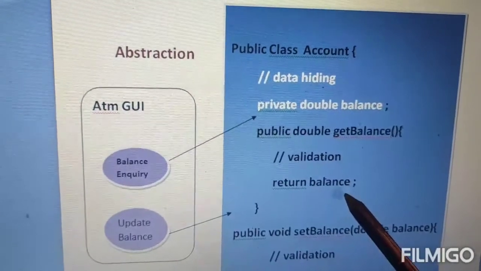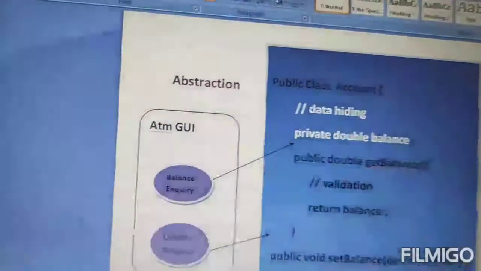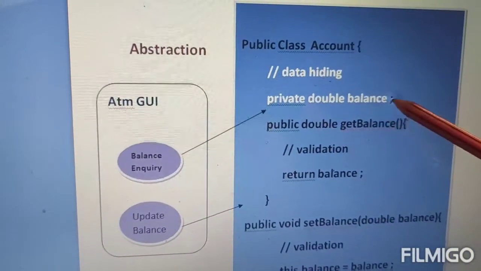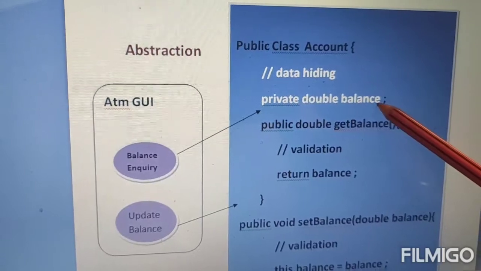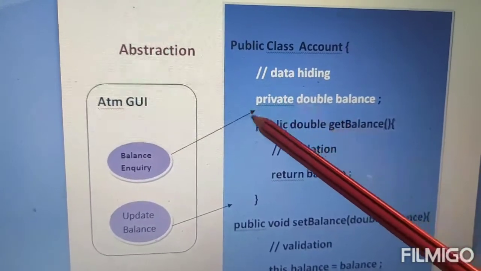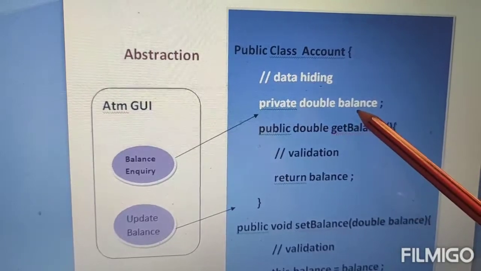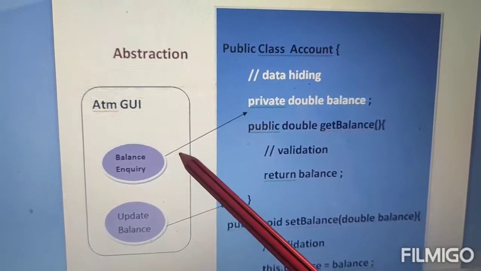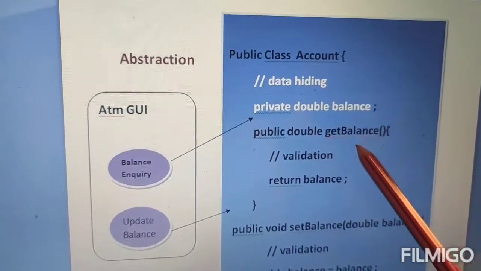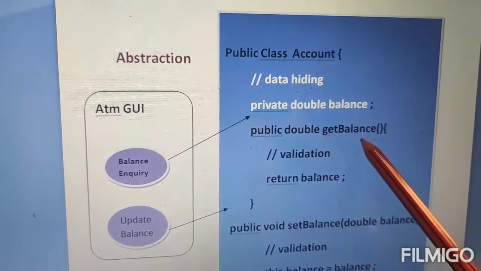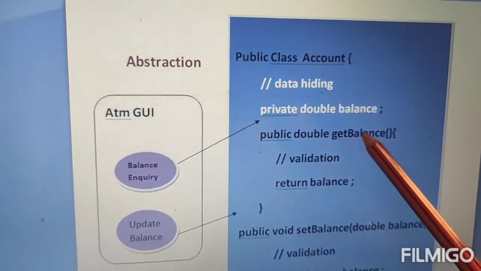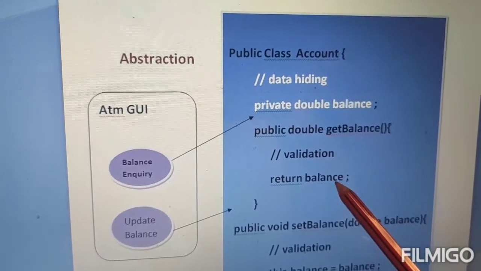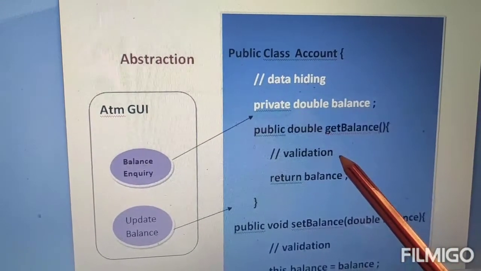So, as our data member balance is private, no one can access this balance variable outside of this class directly. They access this balance through the public method getBalance. Inside getBalance they return the balance, but only after successful validation.